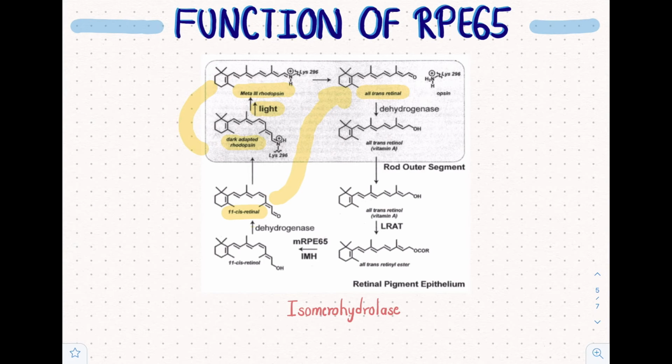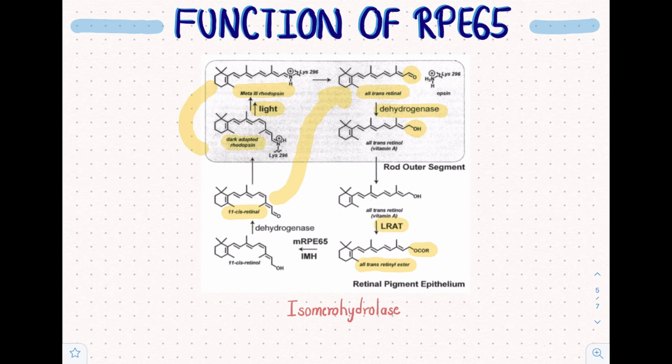That compound is acted on by a dehydrogenase and reduced to form all-trans retinol, which is again acted on by another enzyme to form this compound. It is an ester. Now this is where things get really important.